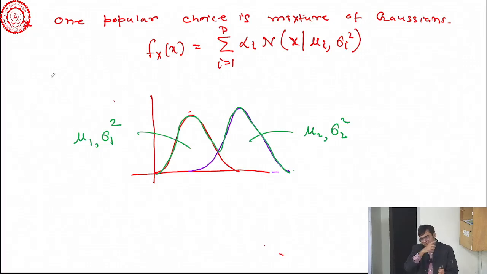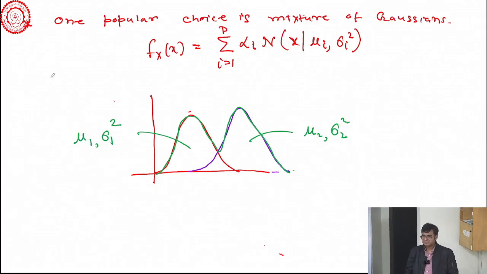If they are close by, you will see two modes very close. If mu1 and mu2 are well separated, you will see it going to almost 0, and then again a mode coming. The more separated mu1 and mu2 are, it becomes more difficult to track that distribution, because you will get an almost 0 region in between. But this is how a mixture of Gaussian looks like.